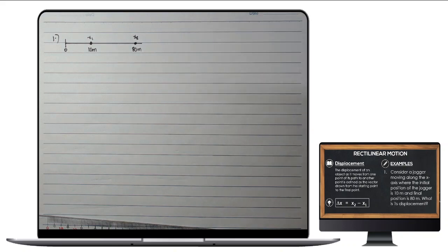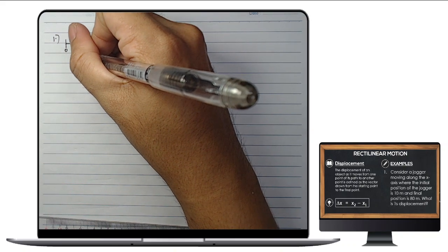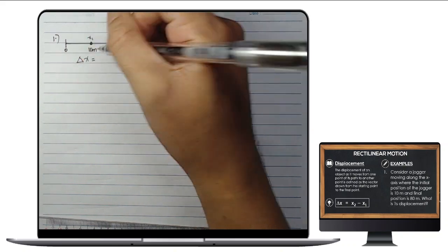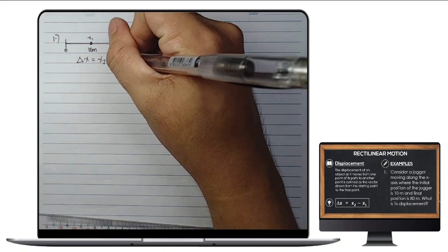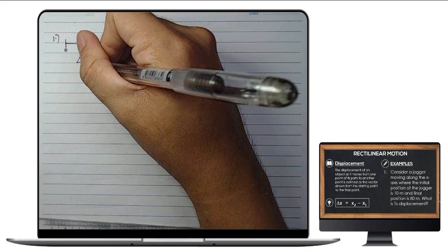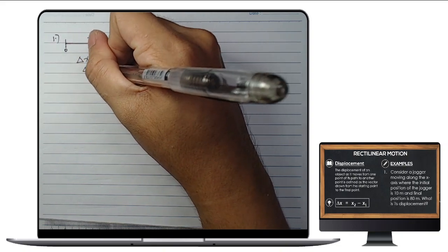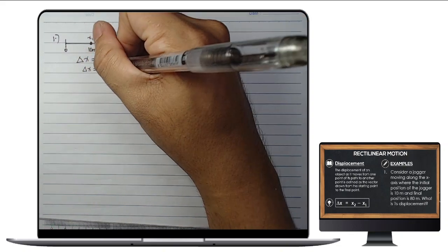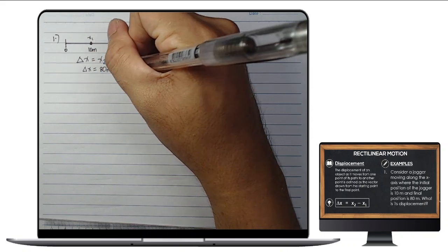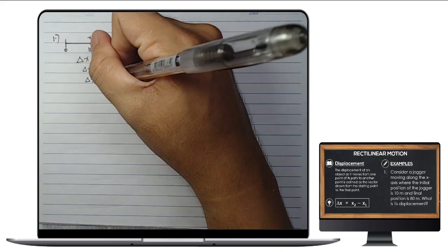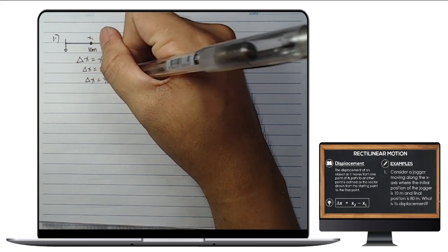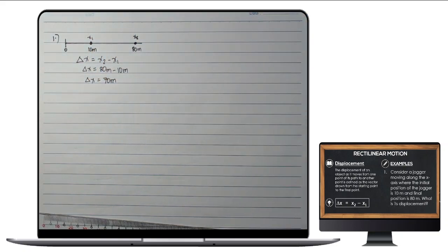Basically, the displacement, or our delta x, is x sub 2 minus x sub 1. Therefore, our delta x is simply 80 meters minus 10 meters, which is 70 meters. That's all there is to it.